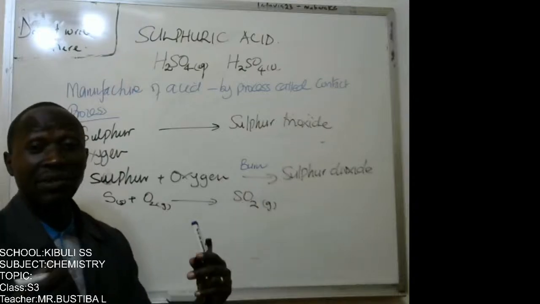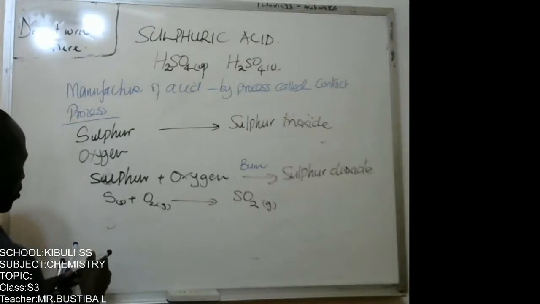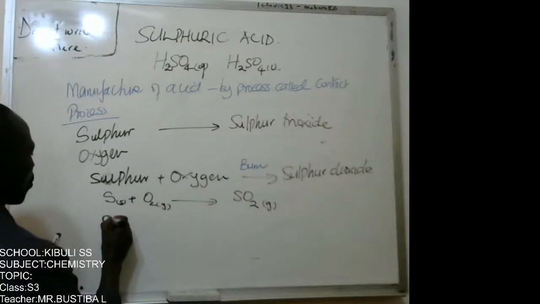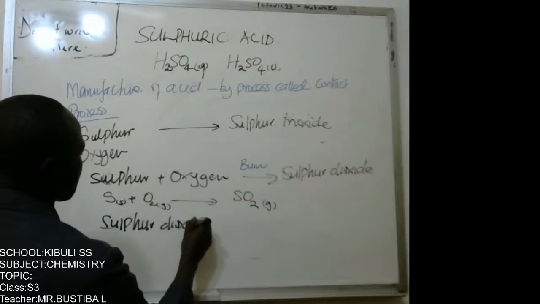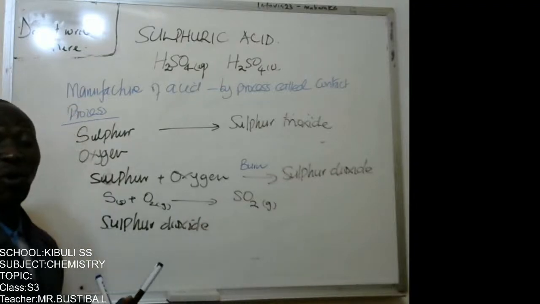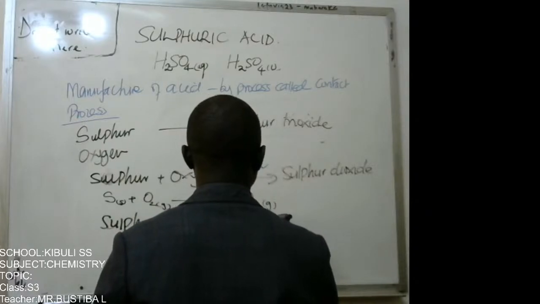This reaction gives out a lot of heat. Now, without stopping, we get the sulfur dioxide with the minimum delay. We shall have our sulfur dioxide further oxidized in excess air.